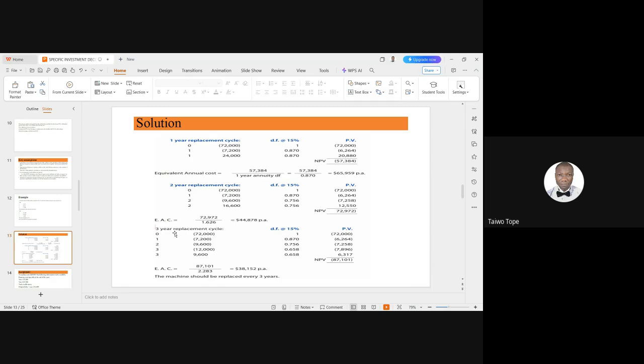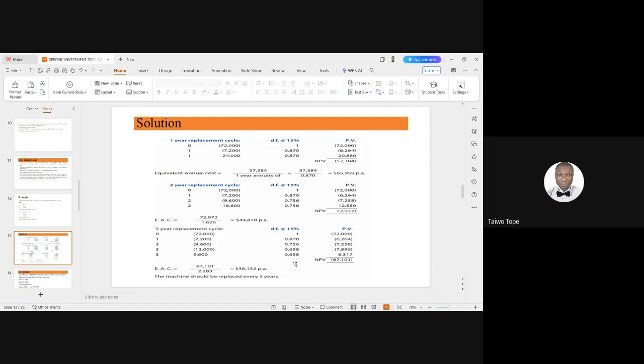And for year 3, the results will be what? Applying the same approach, the initial cost 72, the running cost in year 1 72, running cost in year 2 9,600, and the running cost in year 3 12,000, and the resale value, scrap value 9,600.